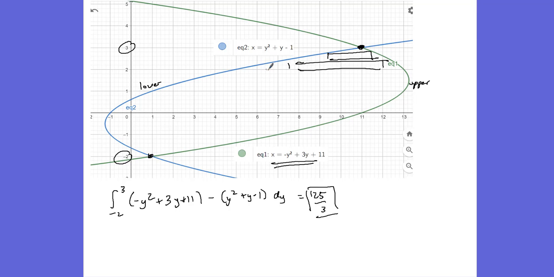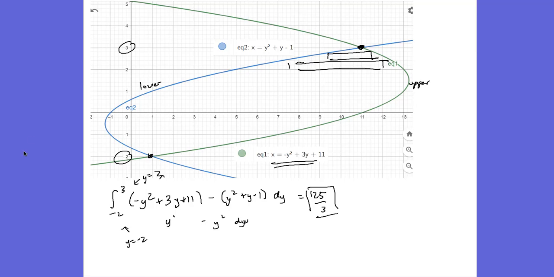I can just do one full integral to find the area between these two curves when I look at it horizontally. I'm doing this in terms of y. My limits of integration are y equals -2 all the way to y equals 3. Then I have this y1 minus this y2, these two functions here, in terms of dy.